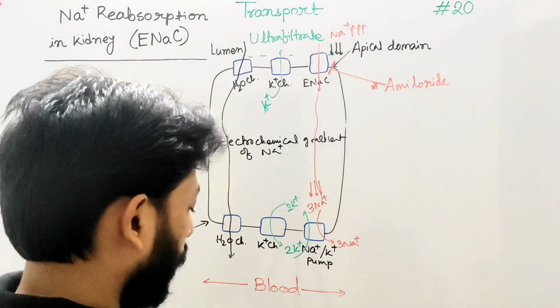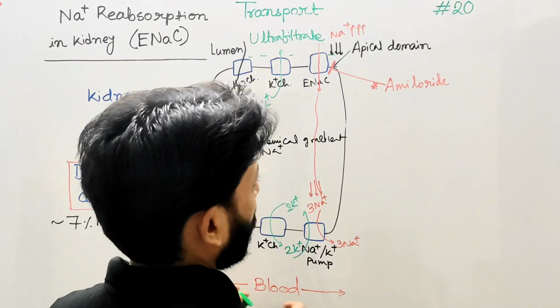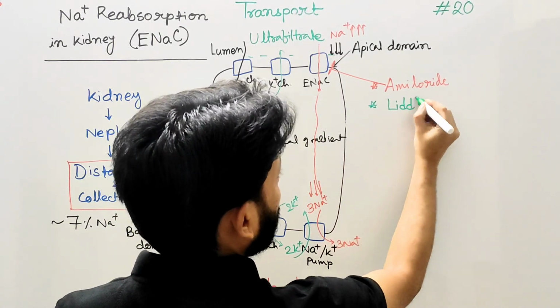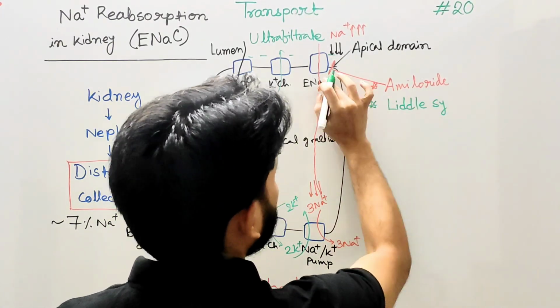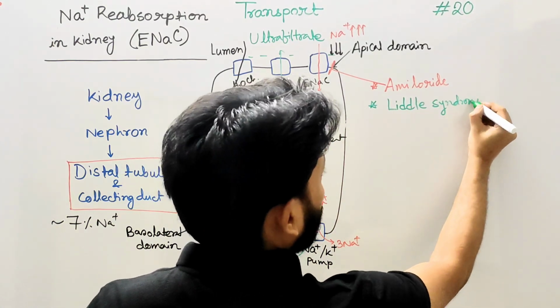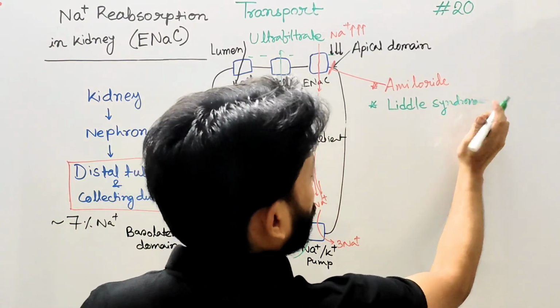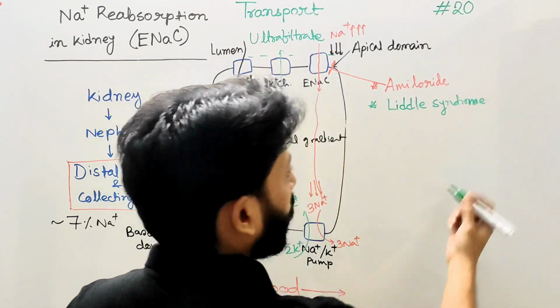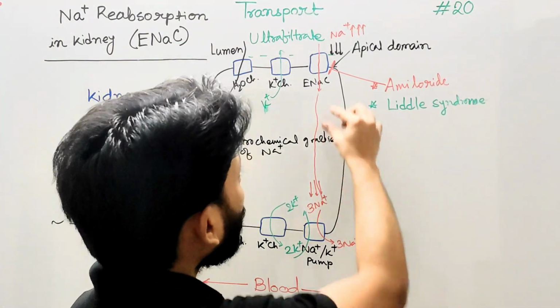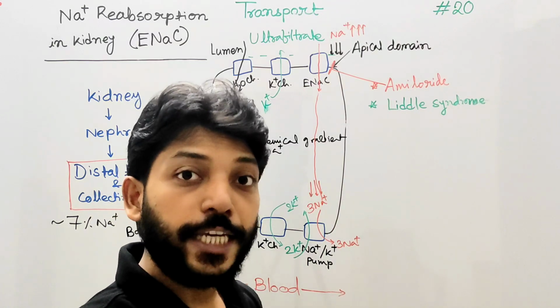Now another thing I want to mention is a syndrome called Liddle syndrome, related to this epithelial sodium channel. Mutation in this channel can cause Liddle syndrome, where the opening time of this channel increases.